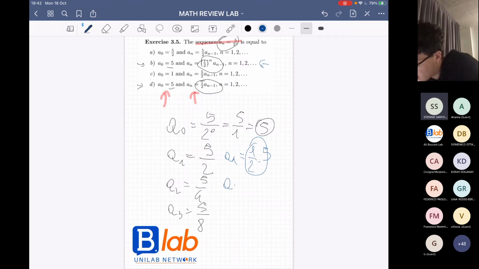A2 is equal to simply 1 over 2 to the n, which is 1/4, times a1, which is 5 over 2. In this case, we find that it's simply 5 over 8. So we already find that there is something that is not going so well.